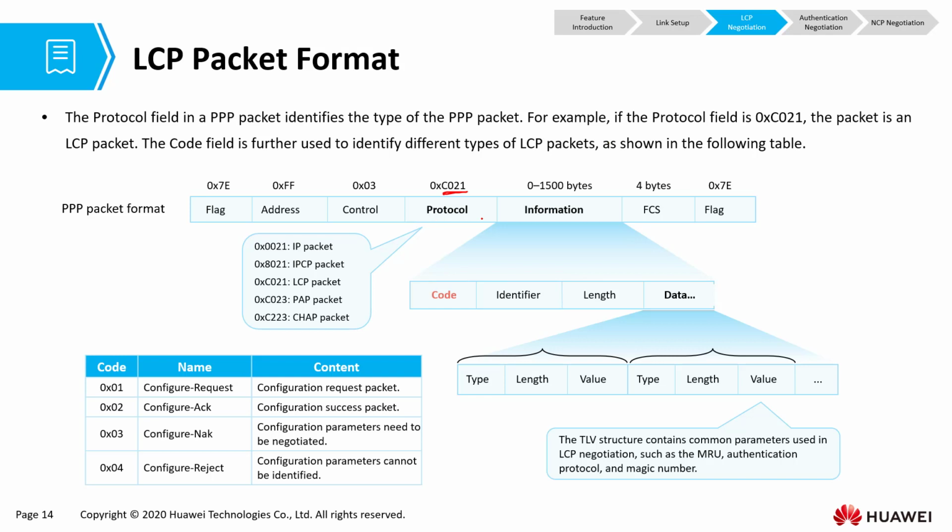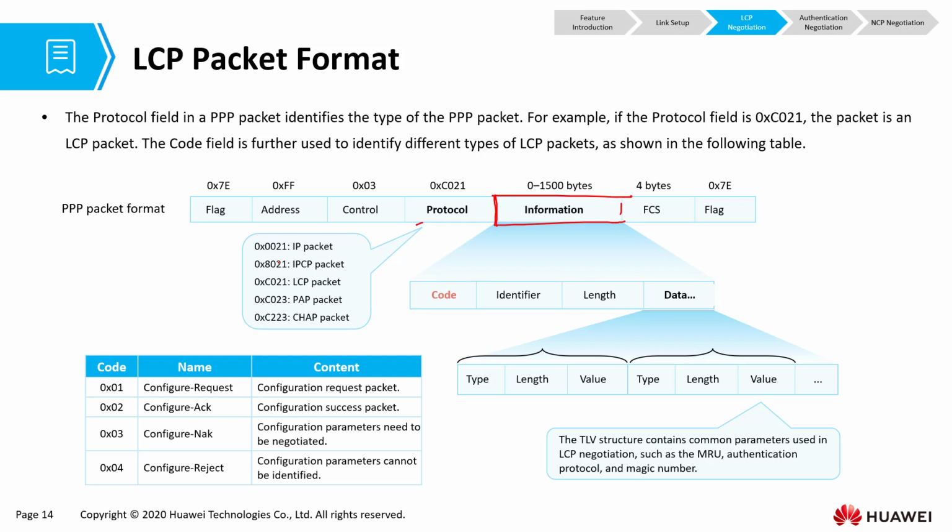Think of it like our type field or the protocol field of IP. It's basically saying what is inside this PPP frame. So for example, the value 0021 signifies that we are encapsulating an IP packet inside here in the information field.